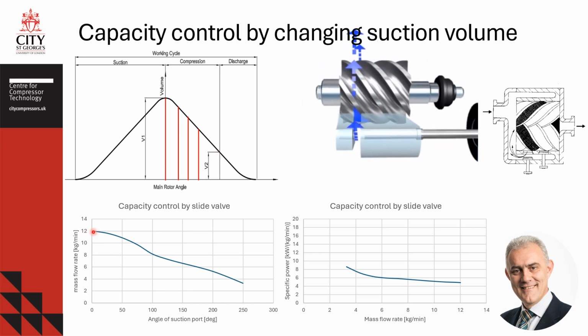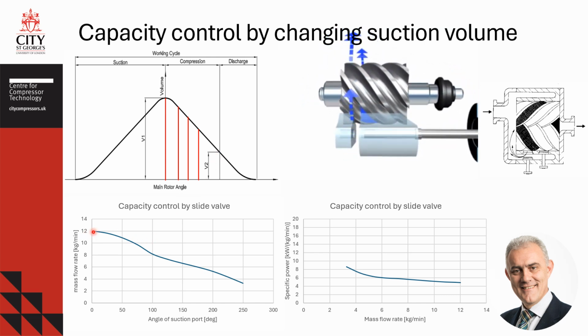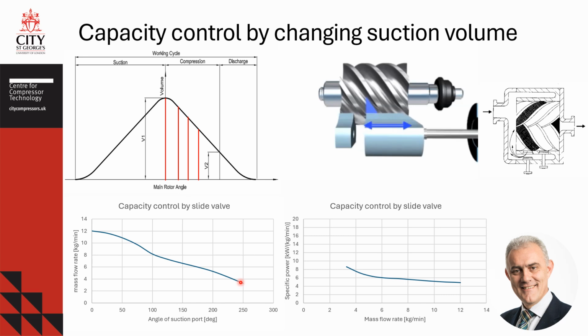Moving the slide valve from the original position, defined as angle 0 when the suction volume is maximum, to its ultimate opening position defined by the angle of 250 degrees will reduce capacity of this compressor from 12 to about 3 kilograms per minute.